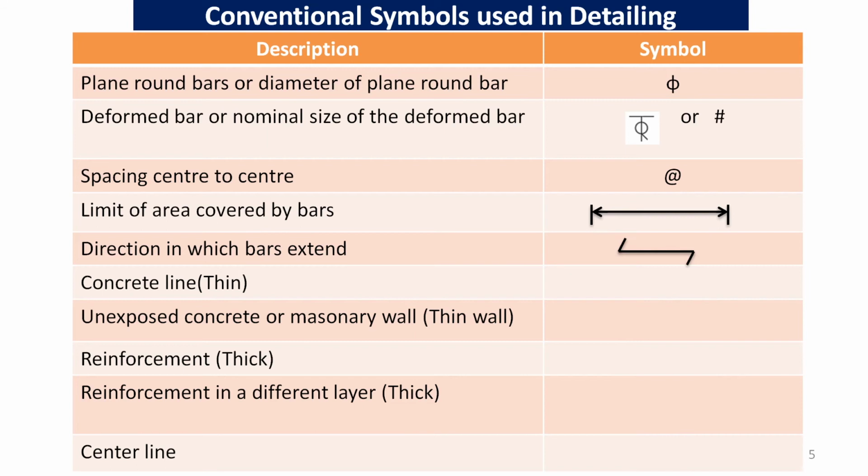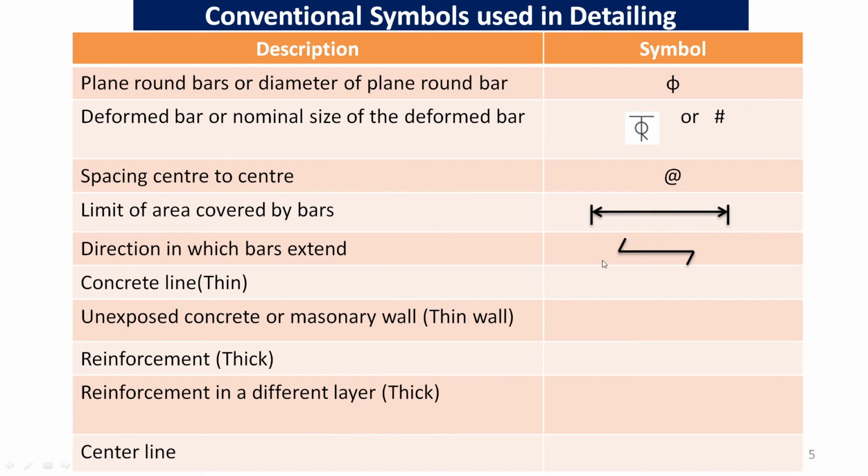See here, the direction in which the bars extend, we use this symbol. This is one way, the bars are running in this direction. If it is two way, the same thing would be repeated in a straight line perpendicular to this one. Usually we use this in slabs.